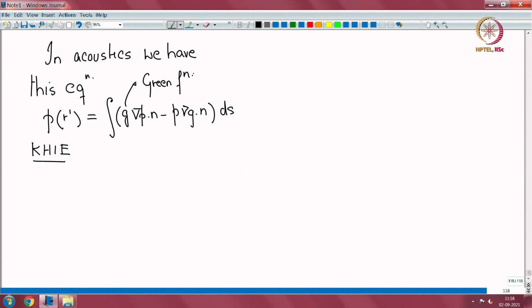Okay. So whether an exterior problem or an interior problem, let us say we have this situation and we are looking for some value at R dash, a location at R dash, we are looking at pressure, we want to know the pressure. And on this surface we know pressure conditions, and we know del P dot N, which is velocity conditions.